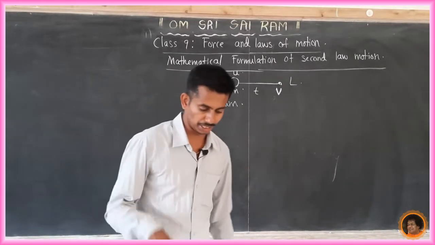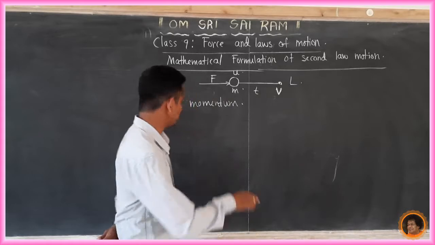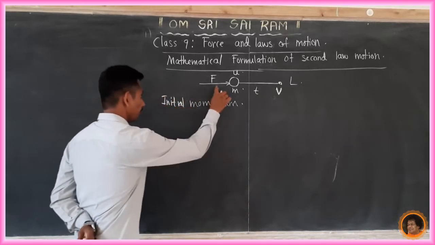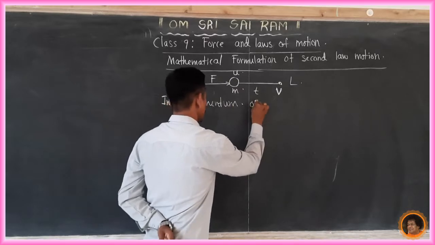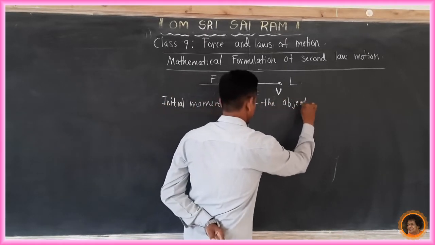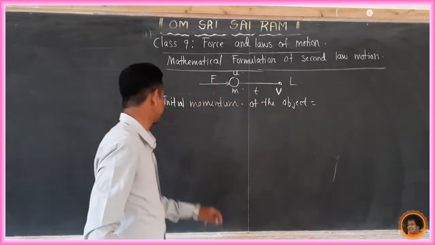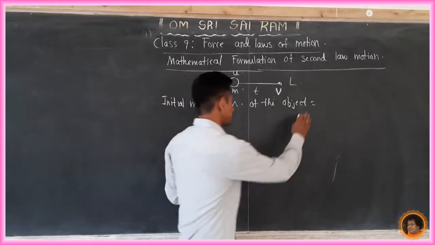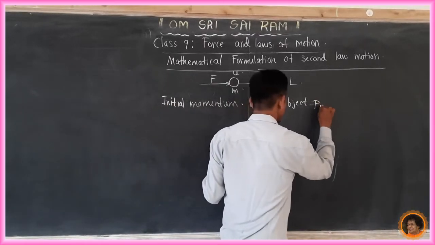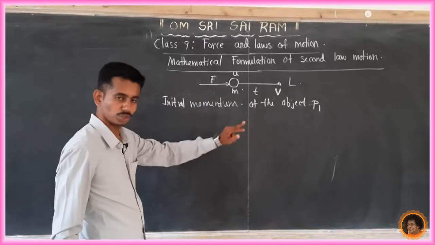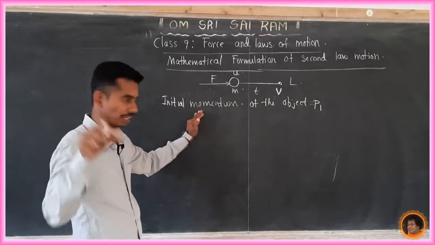Now initial momentum of this object. What is the initial momentum of the object? The momentum is represented by the letter p, so initial means p1.